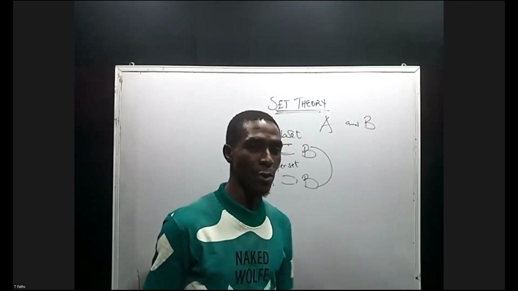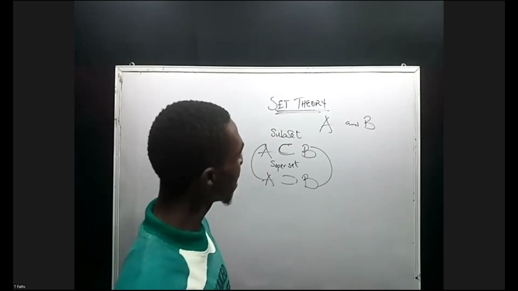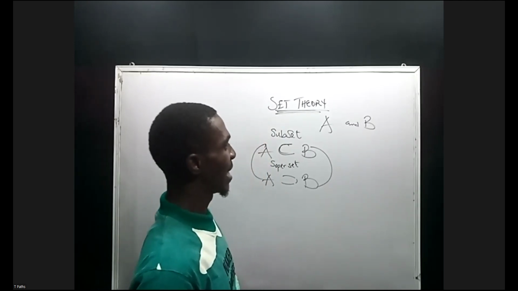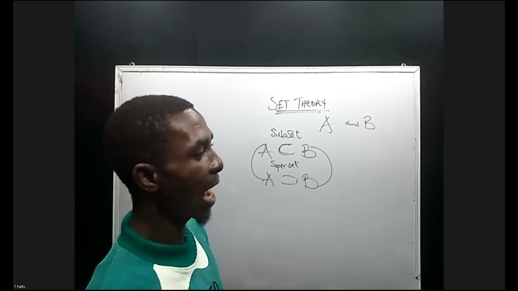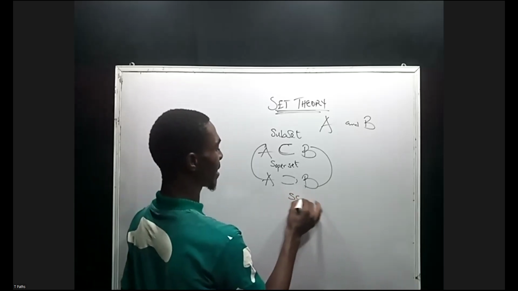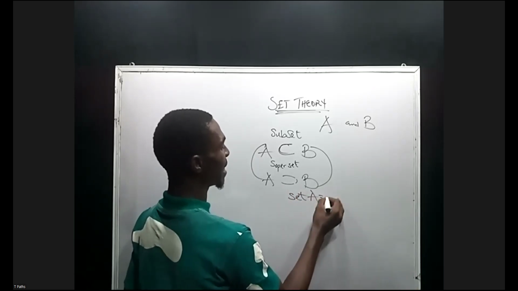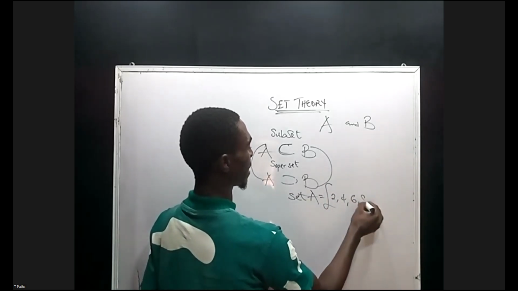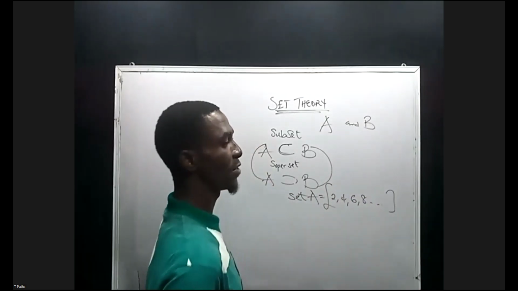Now, we also have some sets that you need to be aware of, like the finite set, where the elements of that set are countable. Now, what are elements? We say this is a set. Set A is a set of all even numbers: 2, 4, 6, 8, up to the end.